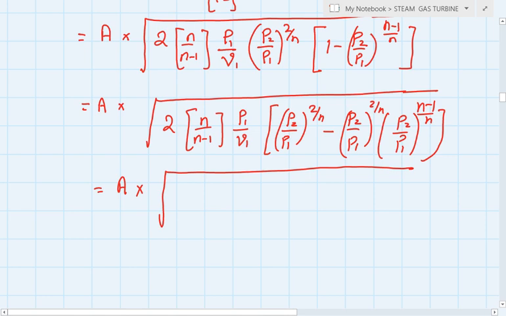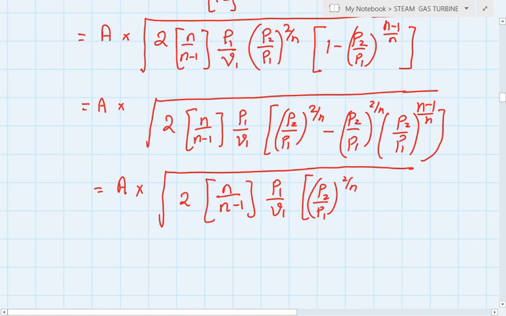After this, we'll see how the equation goes. So the equation will be like this: P2 by P1 to the power of 2 by n minus, let me substitute here 2 by n into n minus 1 by n.